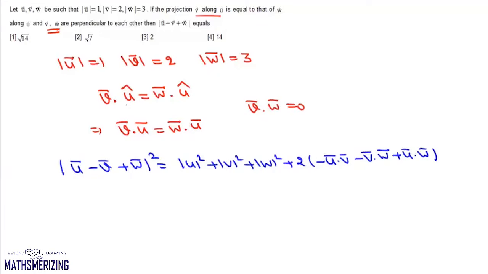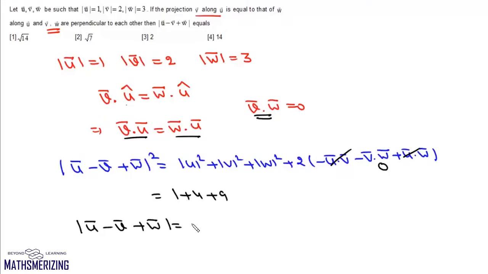Now v dot w is 0, and v dot u is the same as w dot u, so these two will cancel. So this square will be equal to mod of u square, which is 1, plus 4 plus 9, so the value of mod of u minus v plus w will be simply under root 14, and that's your option 1.